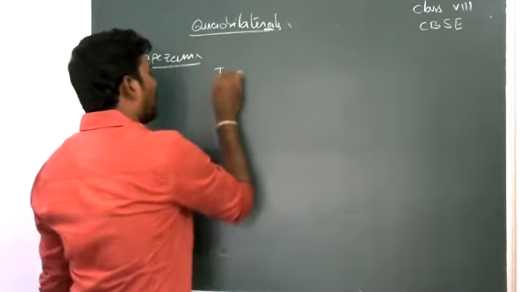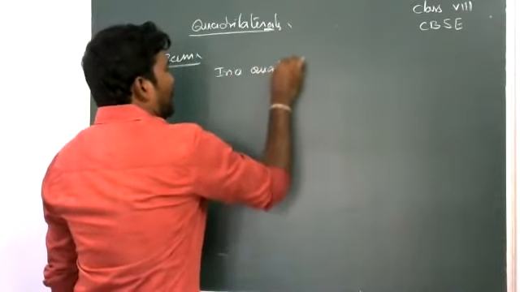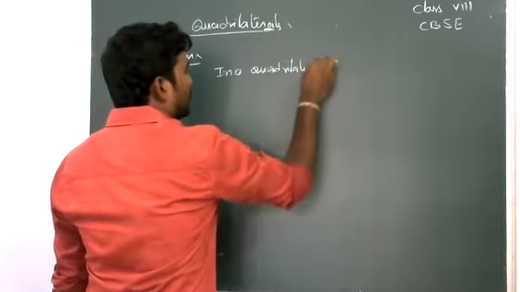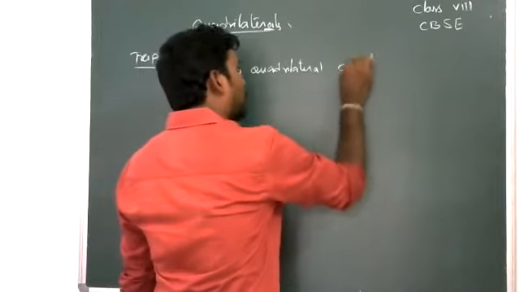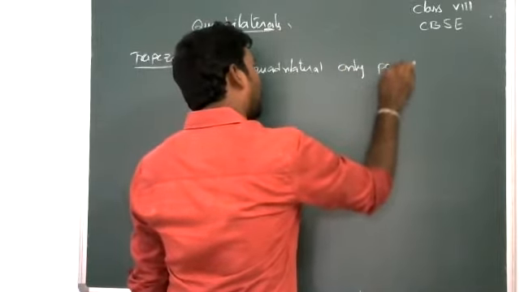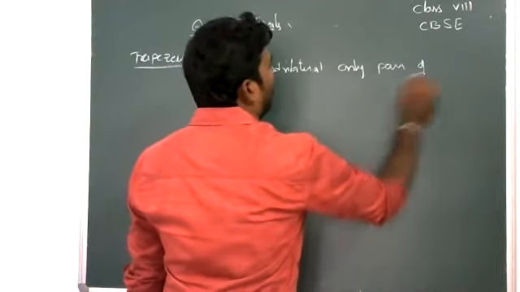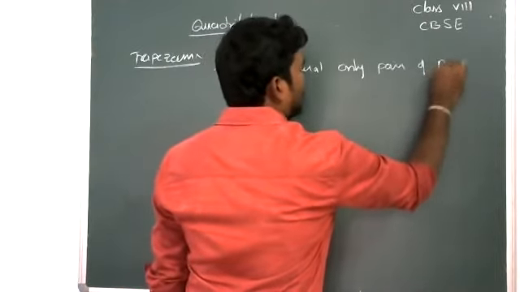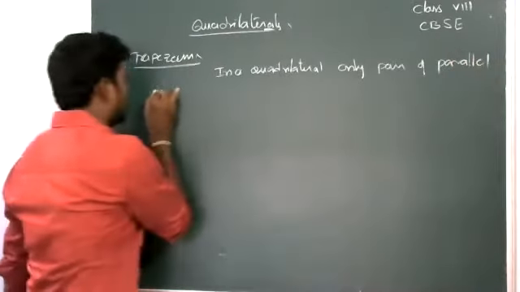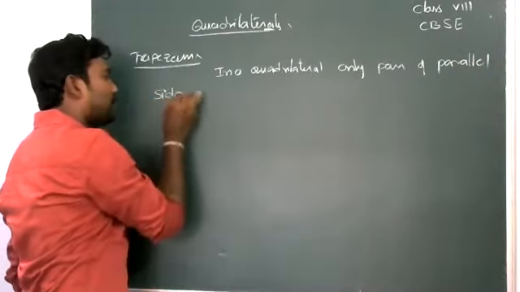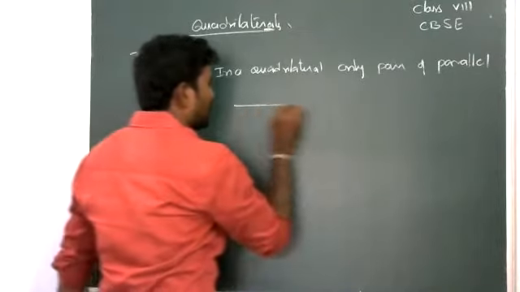In a quadrilateral, only one pair of parallel sides. Only how many pairs of parallel sides are there? Only one pair.